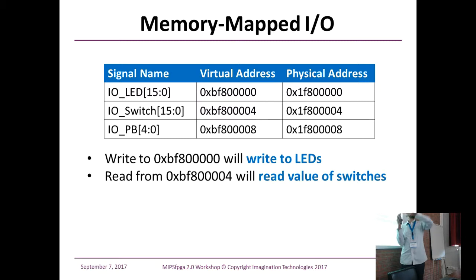The register can be read and written from the MIPS core, and the register's output signals are also connected to the LED. So from the MIPS core in software, we do a load instruction, a store instruction. We store 0xFFFF into this memory location. The same memory location is just wired out onto the LEDs.